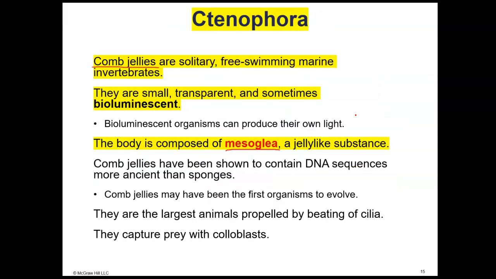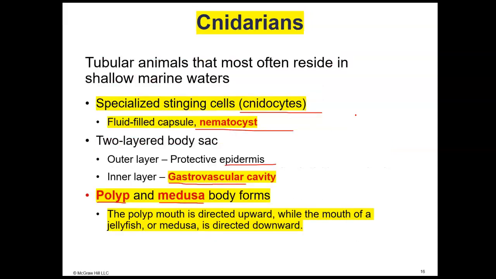And then when we move on to the phylum Ctenophora, these have two tissue layers. They are diploblastic, two tissue layers, and they include the comb jellies. The cnidarians also have two tissue layers. They're diploblastic, but they do have stinging cells, unlike the Ctenophora.